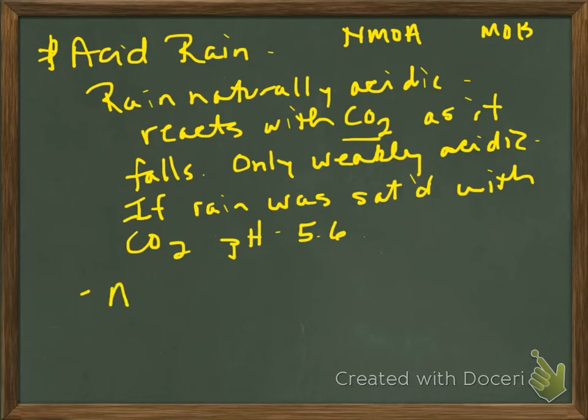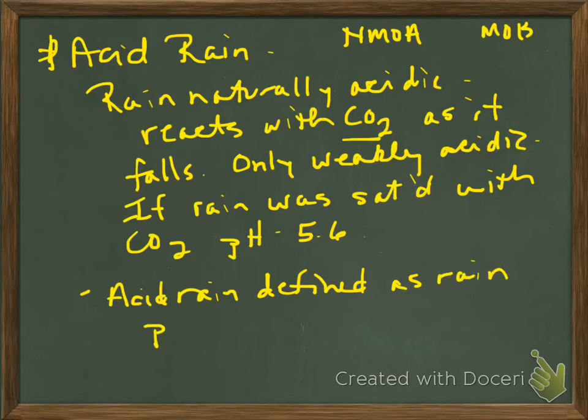Acid rain is defined as rain with a pH less than 5.6. So where does this acid rain come from? Well, there are two main reasons why acid rain is formed.